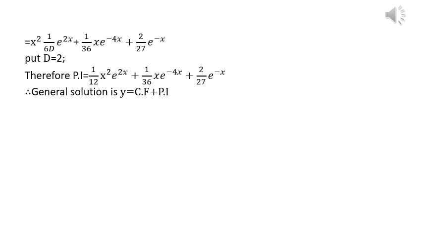Then finally write the general solution: y is equal to CF plus PI. CF is C1 plus C2x inside the bracket, e to the power 2x, plus C3 e to the power minus 4x, plus particular integral: x square e to the power 2x divided by 12, plus x into e to the power minus 4x divided by 16, plus 2 into e to the power minus x divided by 27.